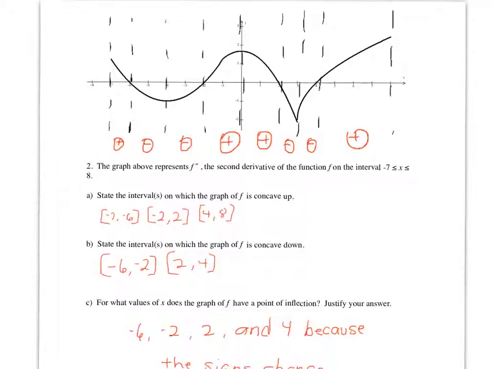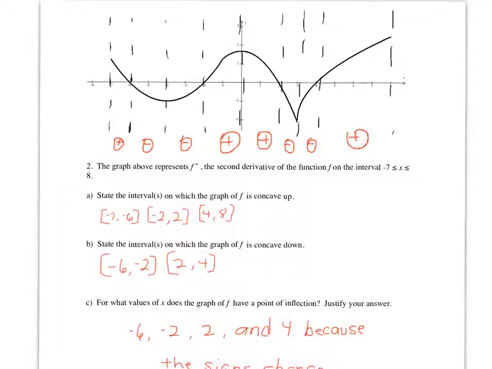Once again, have to find the points at which the slope is 0 or crosses the x-axis. There's a couple of them all right there listed.